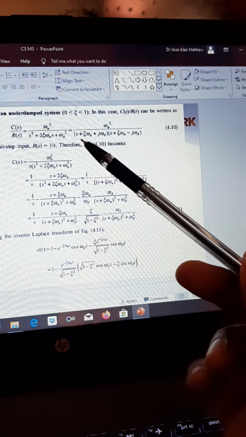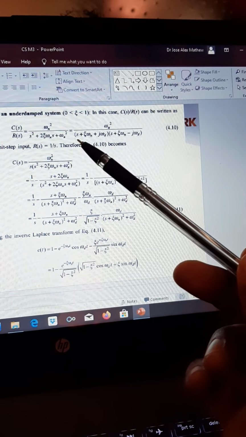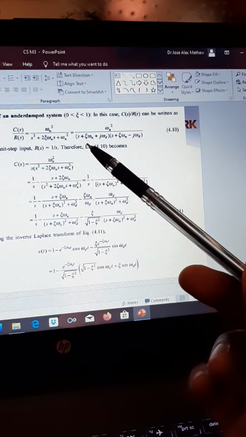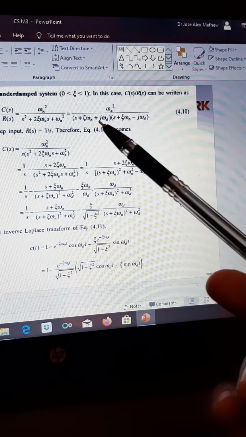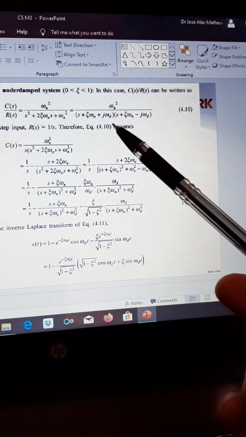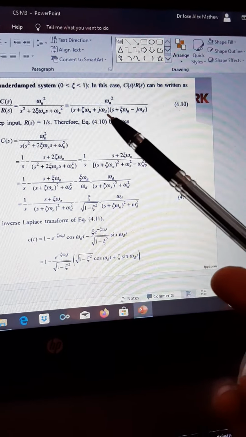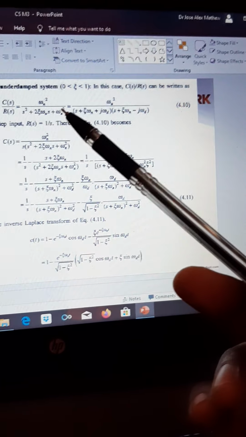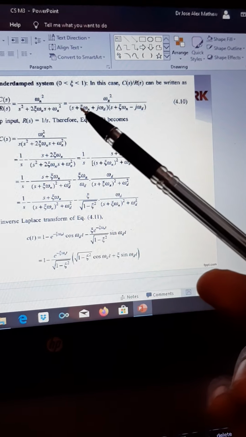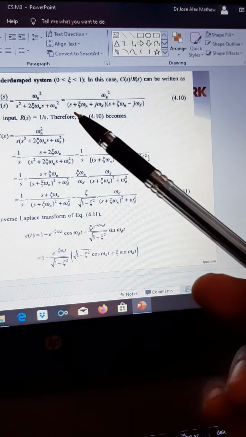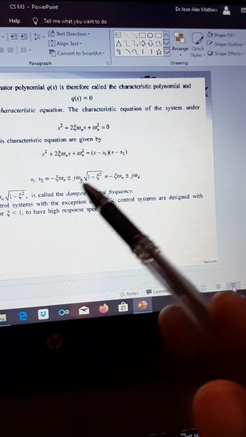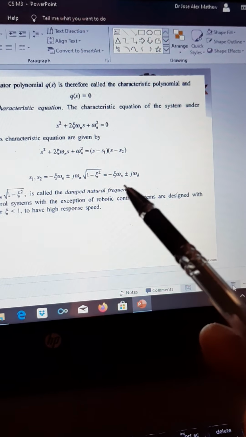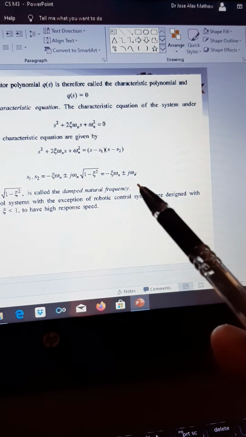This is equal to omega n square divided by S plus psi omega n plus j omega d, because we find the roots of the denominator. As in the previous case, the roots are minus psi omega n plus or minus j omega d.